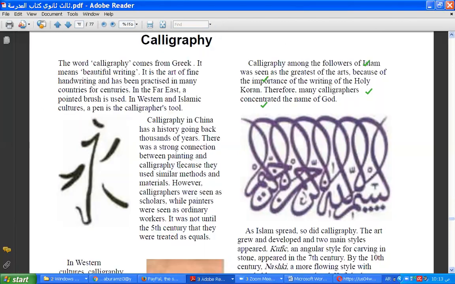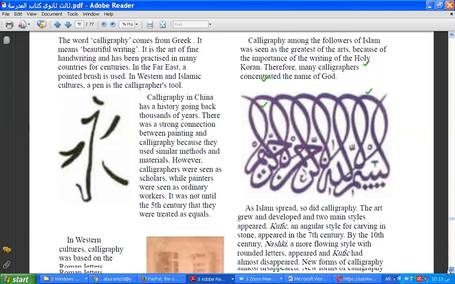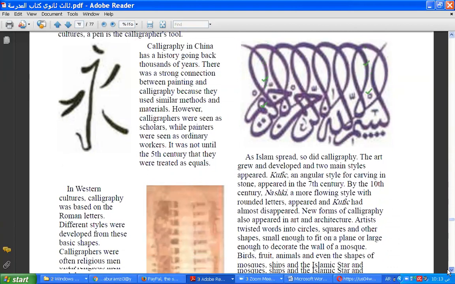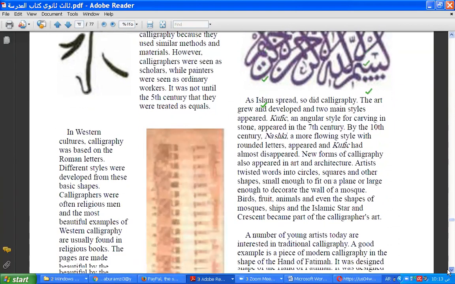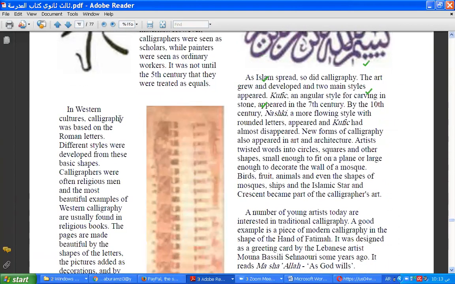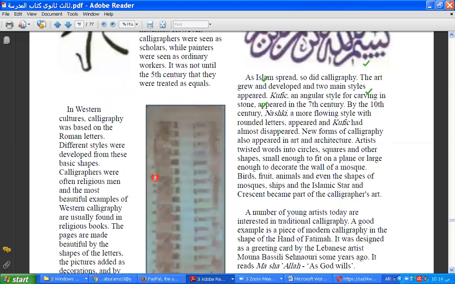It's not there. Maybe they mean here. I didn't find it.